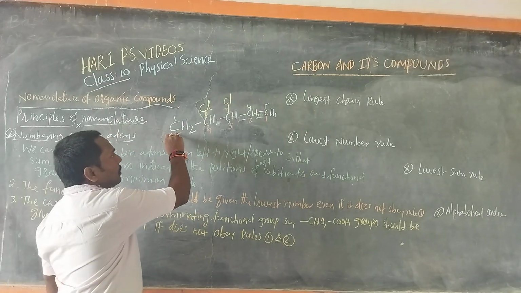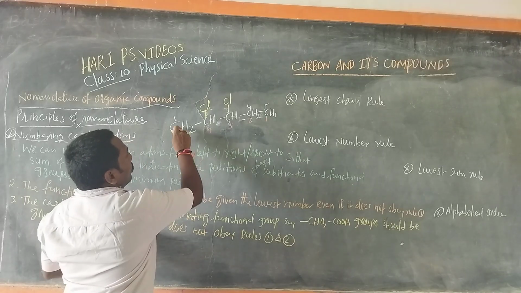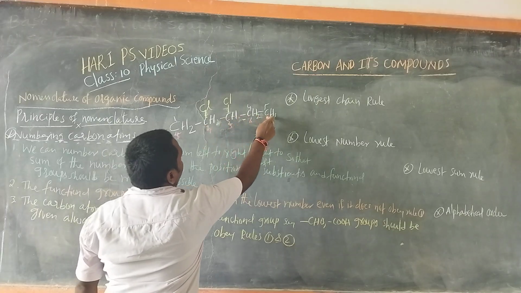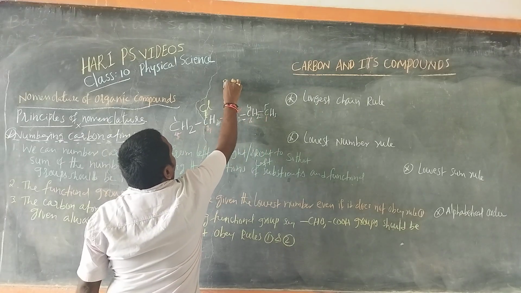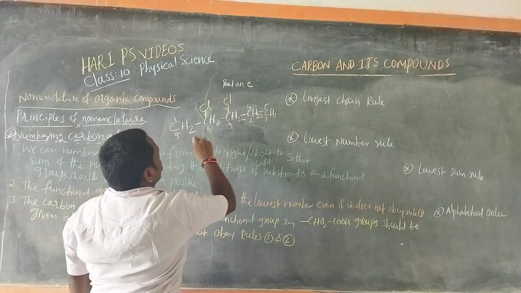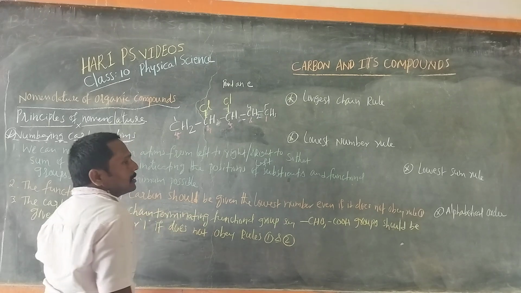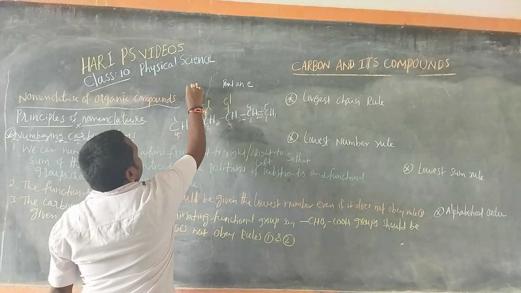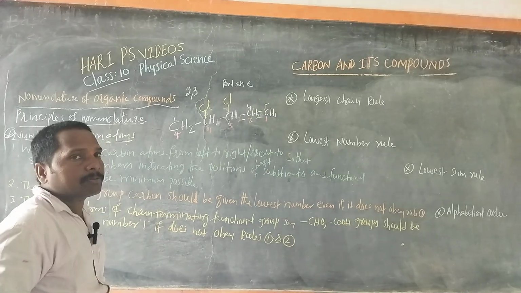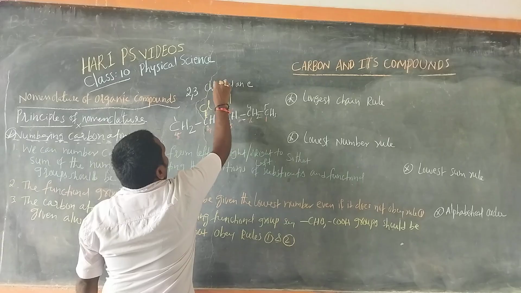When we count from left to right, 1, 2, 3, 4, 5, so 5 is pent, ane. The second carbon and third carbon have substituents, so 2, 3. What are the substituents here?